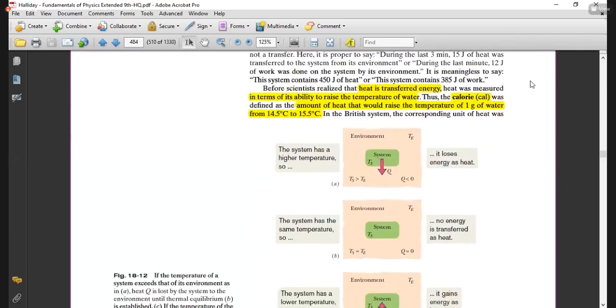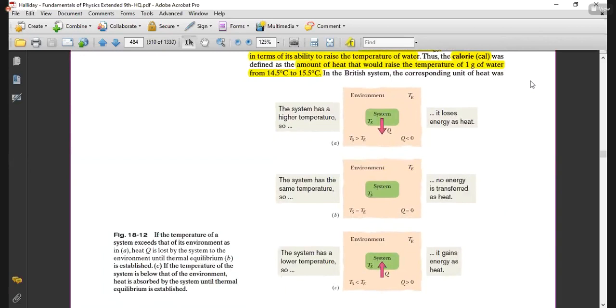He has given us some example here. This is a system here. Ts is the temperature of the system, and Te is the temperature of the environment. So just hold on a second. This pink region is the environment.